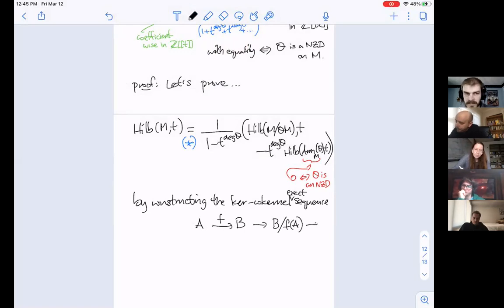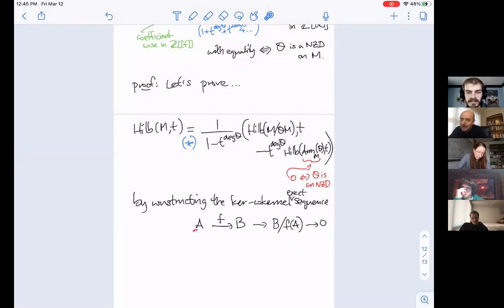that quotient map is of course surjective because B onto a quotient is always surjective. So we have exactness here when I put a 0. And then we just constructed this thing correctly so that it's exact here. B mod the image of F is exactly that.